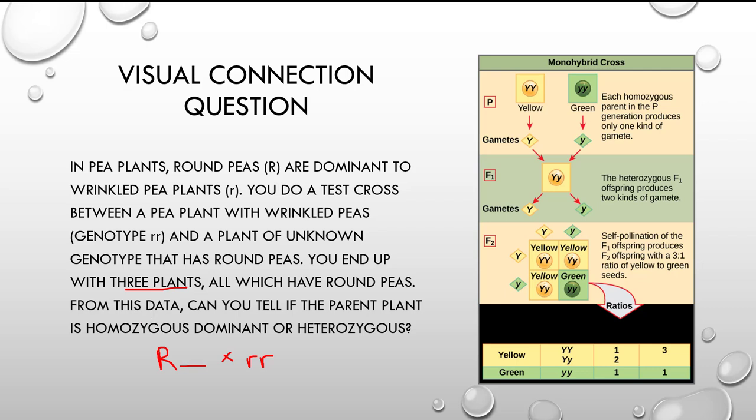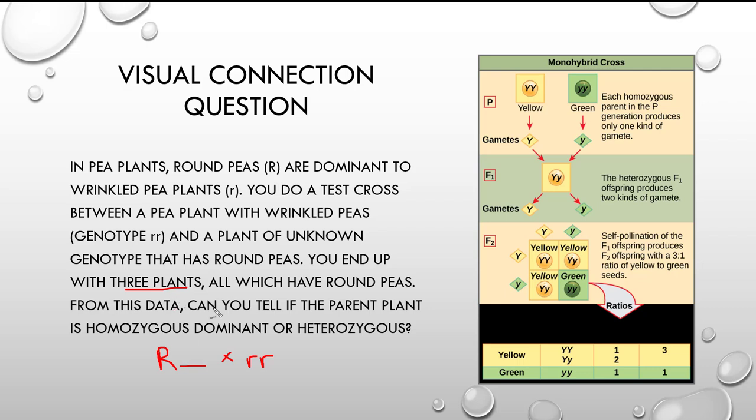Well, you did the test cross, and you do have 3 plants that show round peas, but it's only 3 plants, so the size of the population is really small. So I would say that you can't totally be sure that it's homozygous dominant based on just having 3 offspring. I think your data set is a little too small.